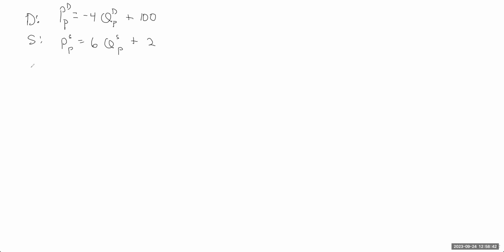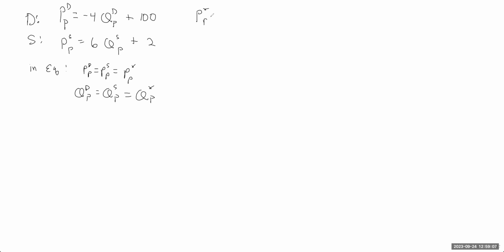What we have to remember is in equilibrium, P_D is equal to P_S is equal to P star, and Q_D is equal to quantity supplied of pizza is equal to quantity star. So we put these things in here.